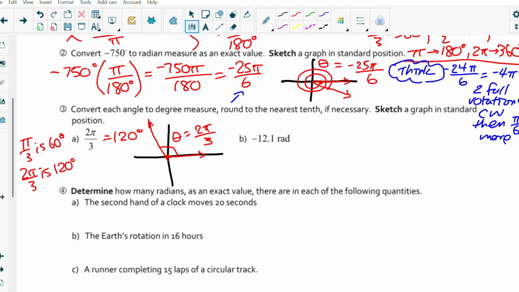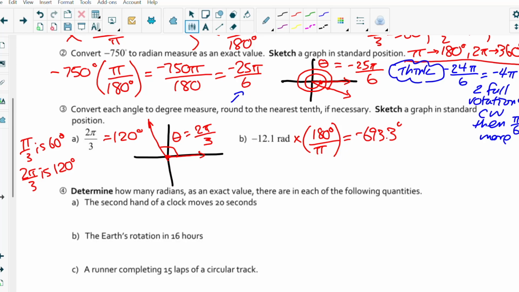Negative 12.1 radians. This one I need to convert by multiplying by 180 degrees divided by pi. I get negative 693.3 degrees. How do I think about this one?